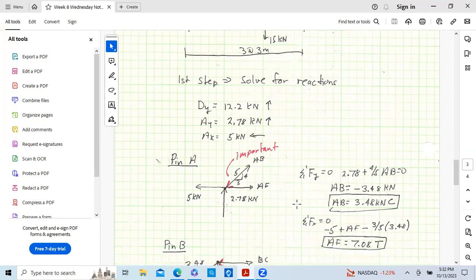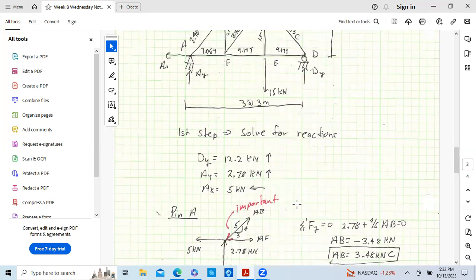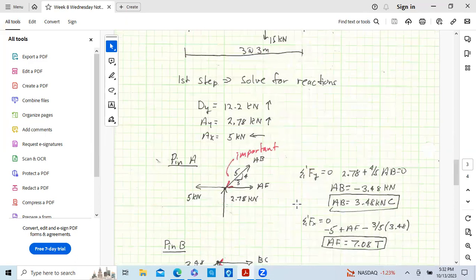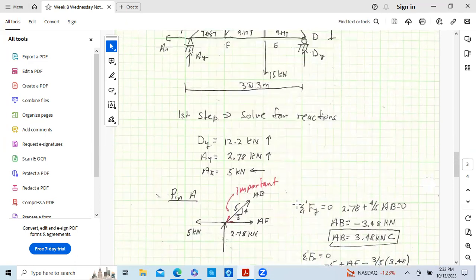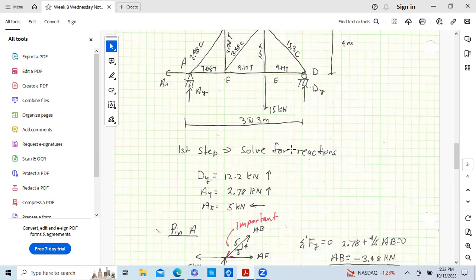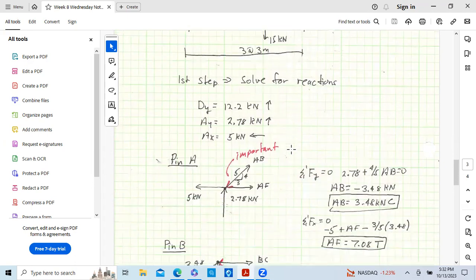I'll go to the next joint, which is going to be pin B up here. And so this force in here occurs also at pin B. It's 3.48 kilonewtons.